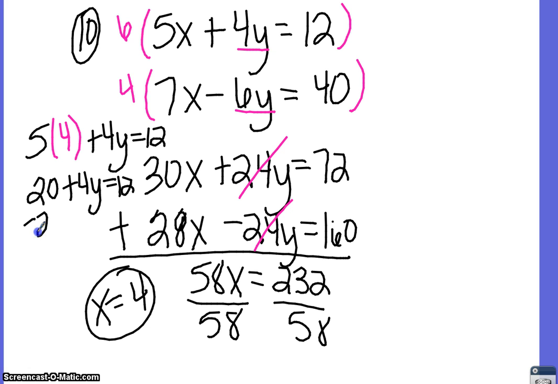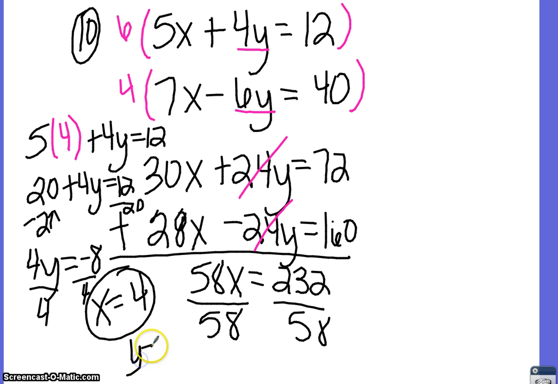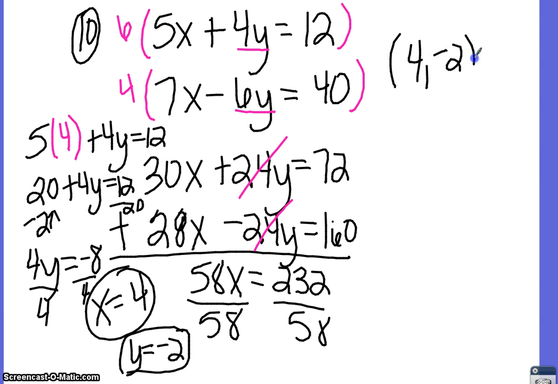If I subtract the 20 from both sides, I end up with 4y equals negative 8. Divide both sides by 4, and my y is equal to a negative 2. So when I ask you for the solution, the solution you're going to write is the actual coordinate point. So the answer for number 10 is 4, negative 2.